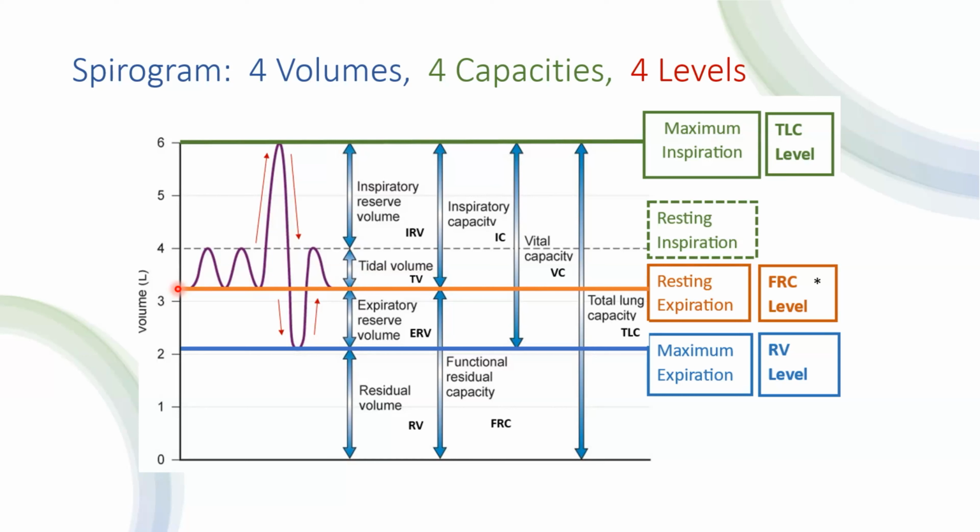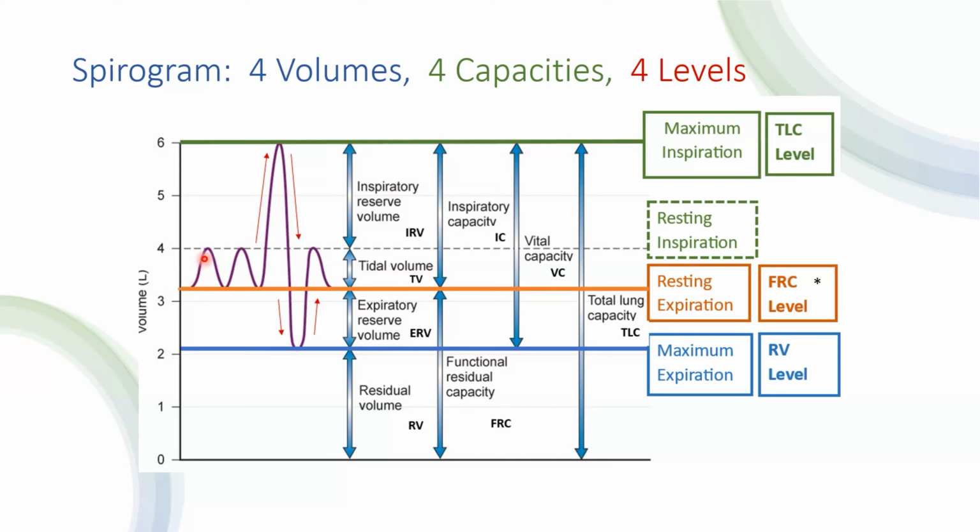And opposed to that is the recoil of the chest wall, with the rib cage wanting to spring open and get bigger. So the lung recoil versus the rib cage recoil are the only forces, in fact, and at the resting point, they are equal and opposite, which makes this resting expiration our most reproducible point on the spirogram.